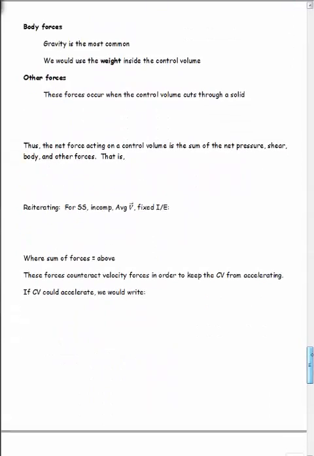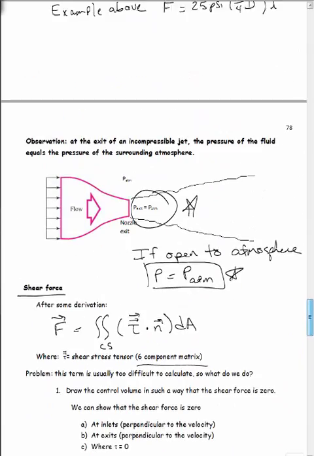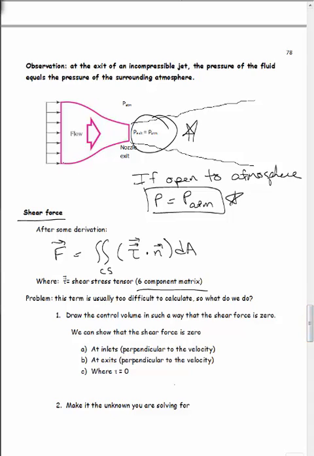But for now, just make sure you draw your control volume outside, so you'd never draw it in here. Don't do what I just did. Instead, you draw your control volume a big box like this. That's what you would want to do. So it's zero shear stress all on the outside of here and where it's perpendicular to the flow.